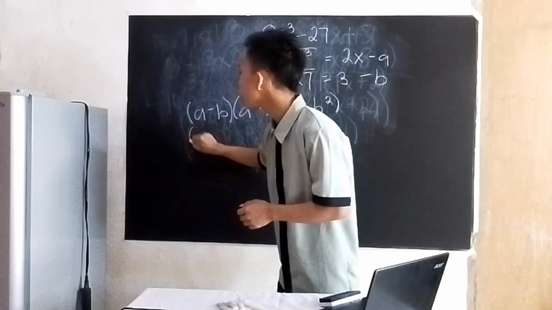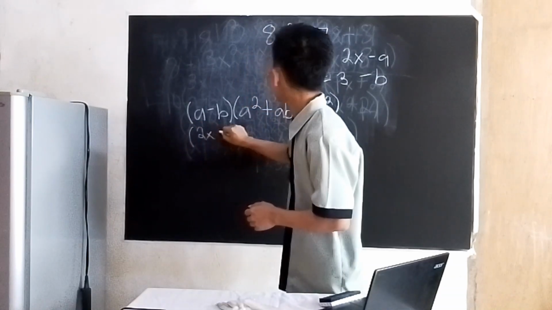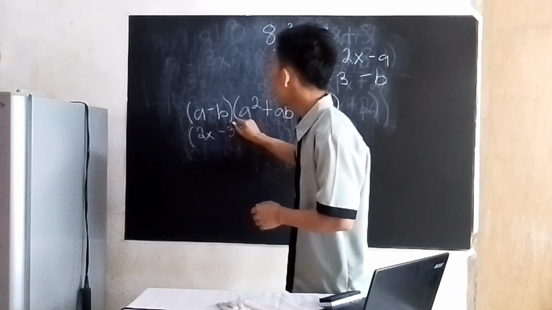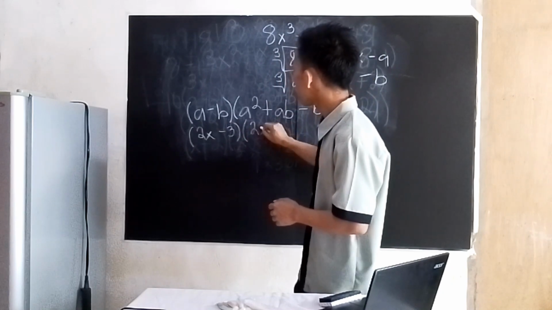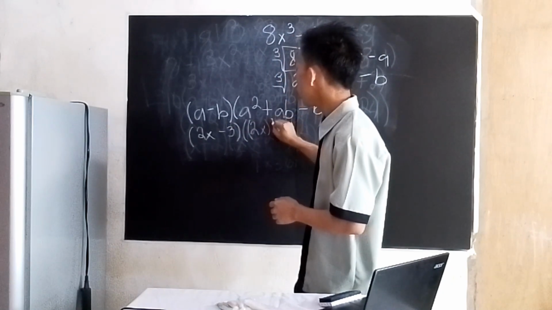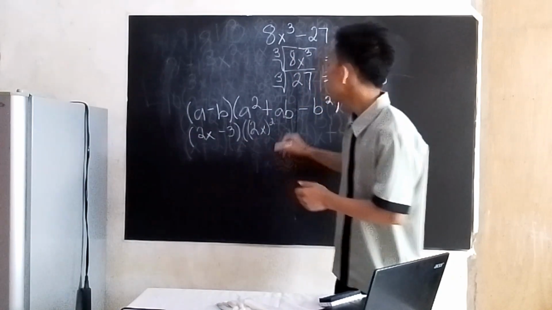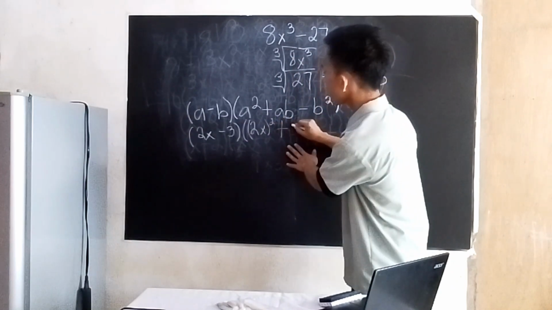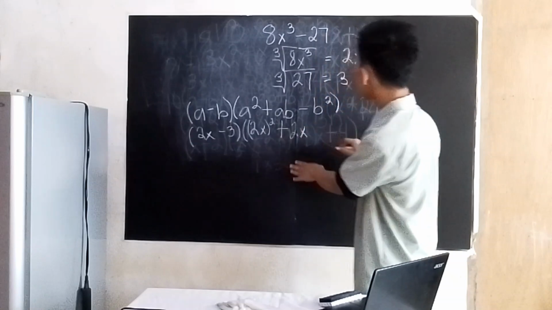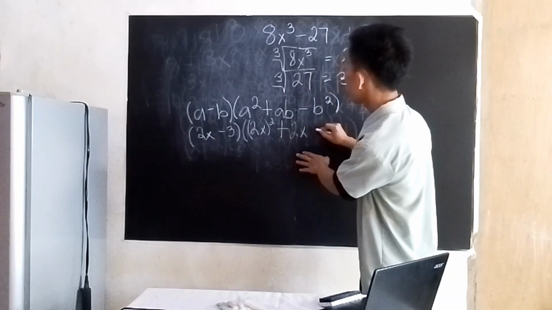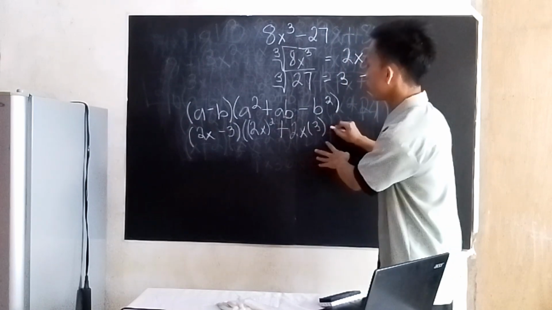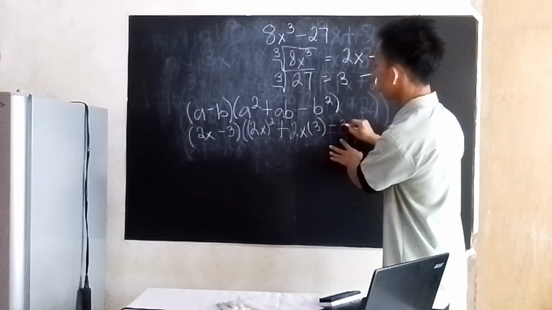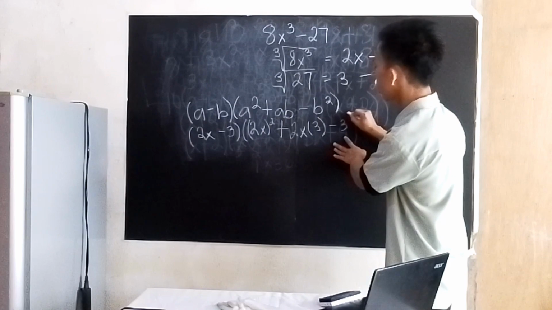So that will be 2x minus 3 multiplied by 2x squared plus 2x times 3 minus 3 cubed. 3 squared rather.